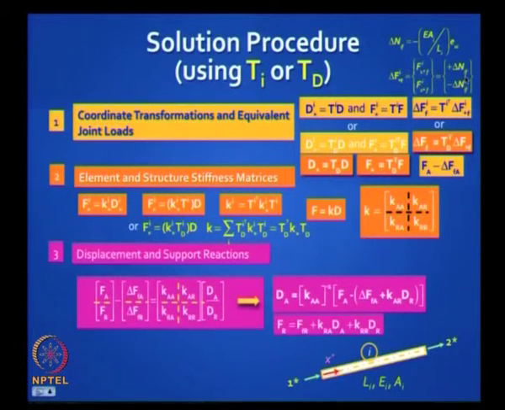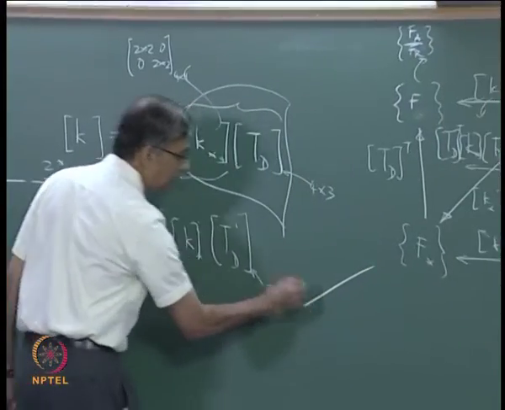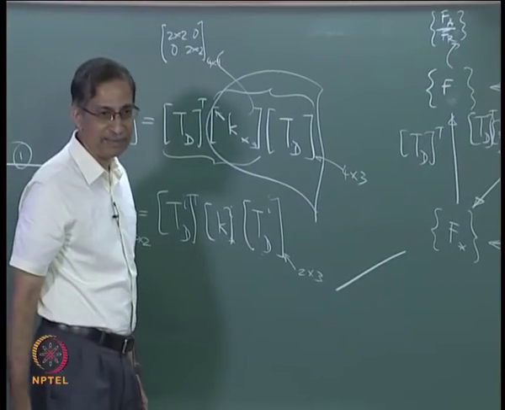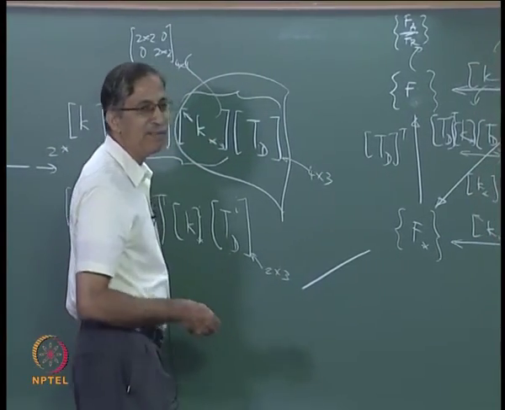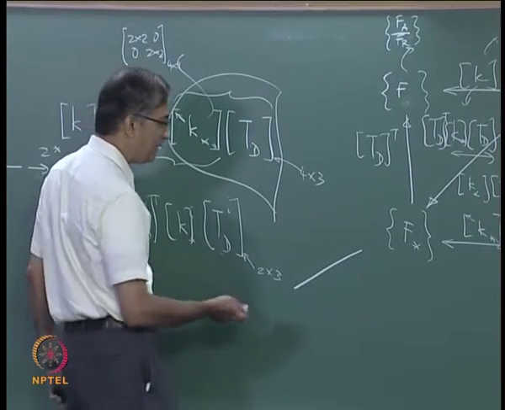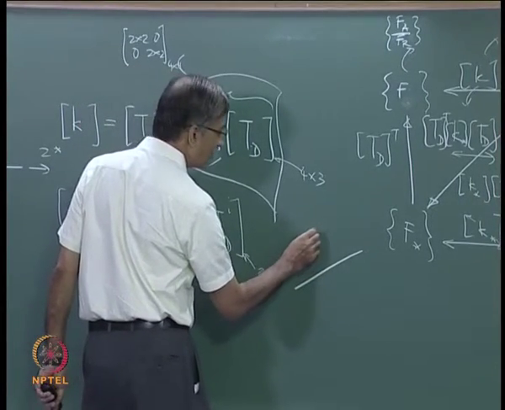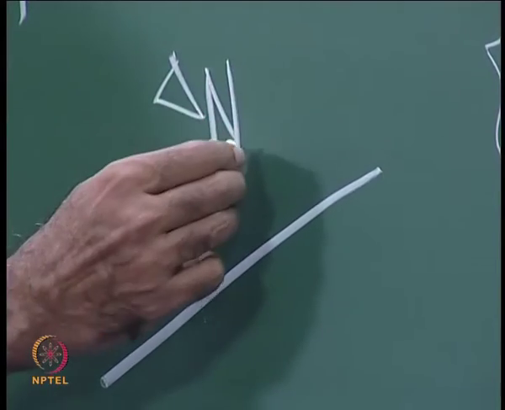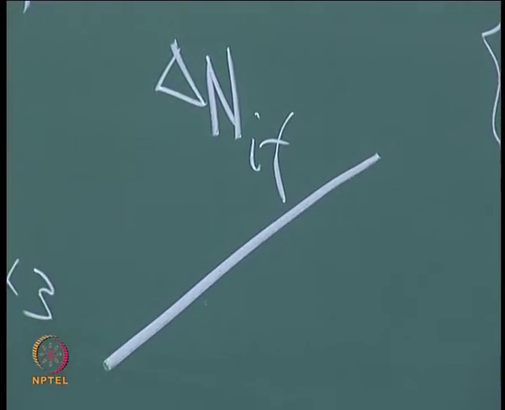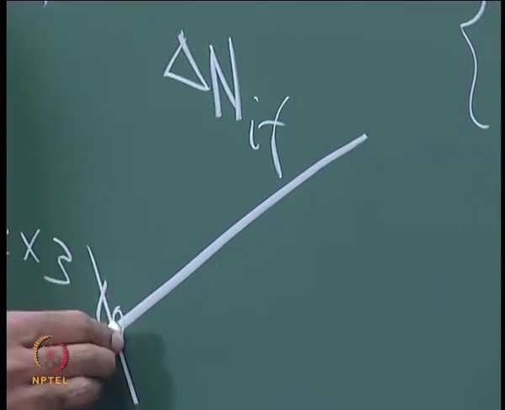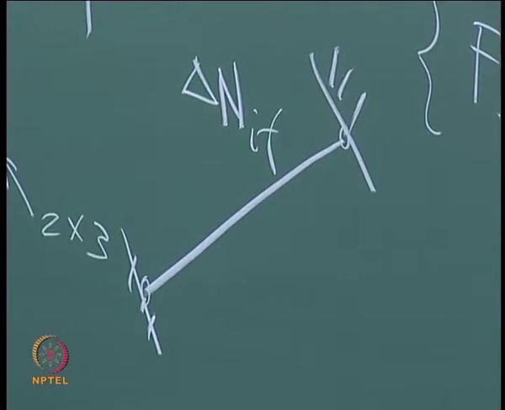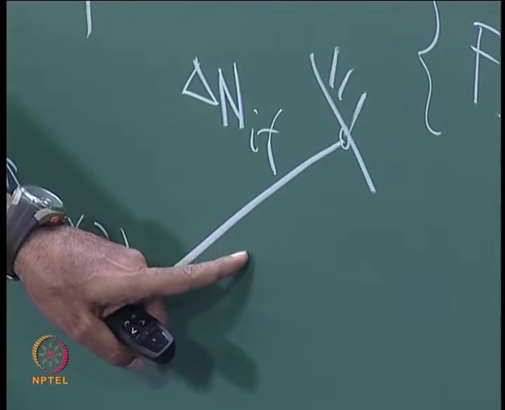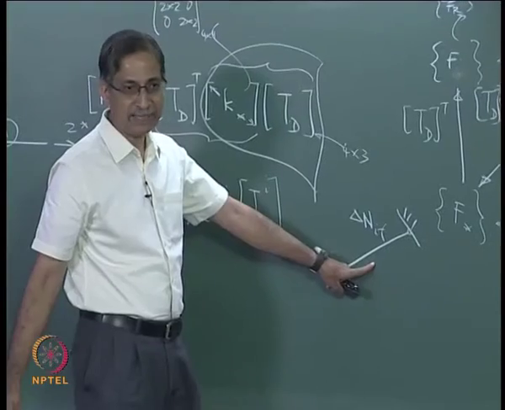Let us look at it. Please listen, this is my vector. Let me not prejudge the issue, let me say this has some internal force delta N_IF. Can I say that? This is arrested due to some reason. Let us say I cool this bar, I reduce the temperature, then it goes into tension, you agree?